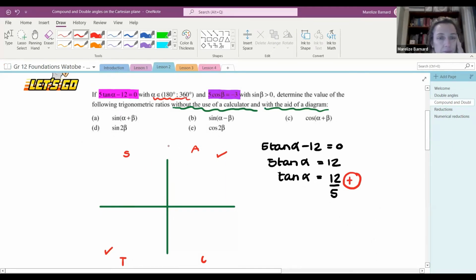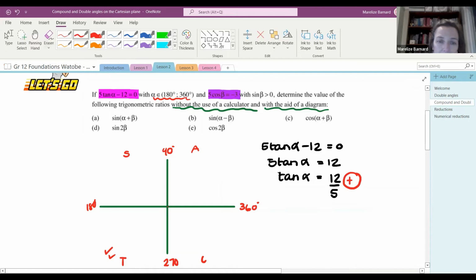So that's 90, 180, 270, 360. If it is between 180 and 360 and tan is positive, that puts us in the third quadrant. Okay, so we are going to draw our little sketch, our triangle.